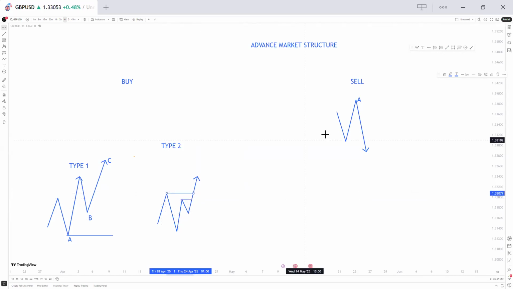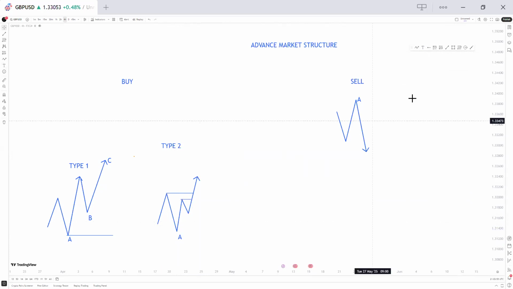Then what do you expect price to do? Let me just label it for you. This place should be your A. This is your B, and this is your C. It's just that simple.